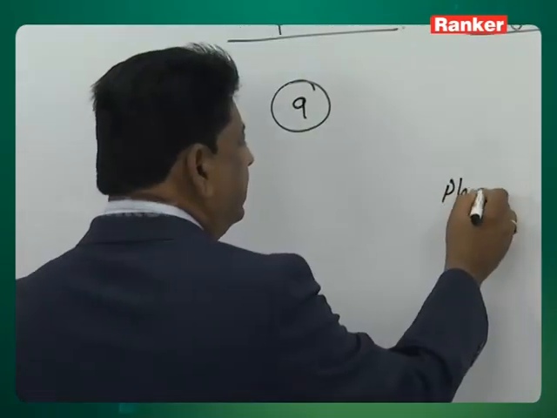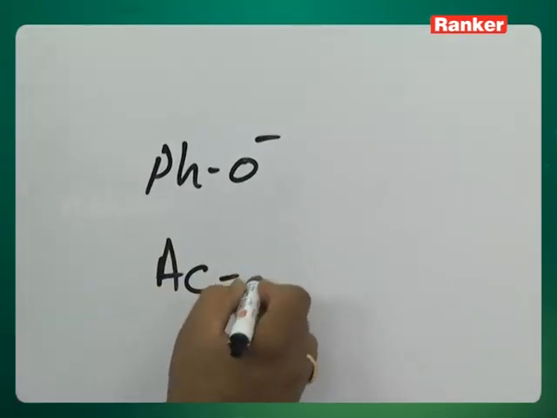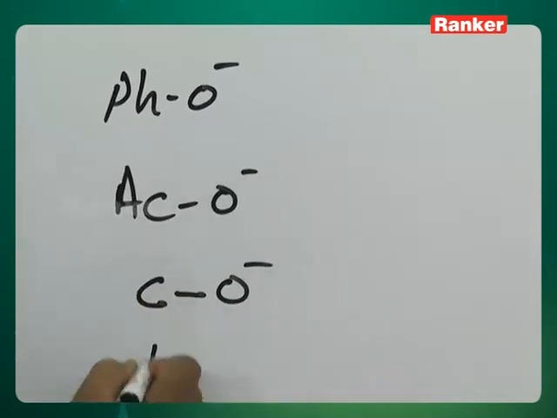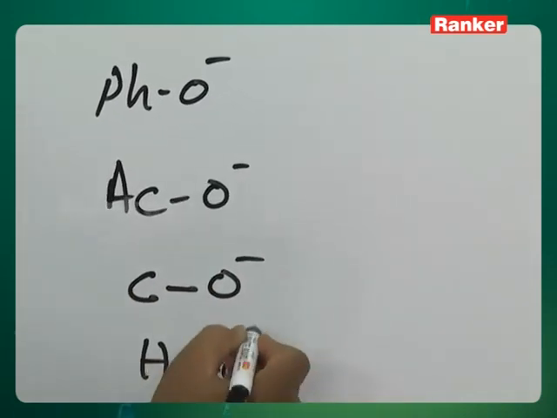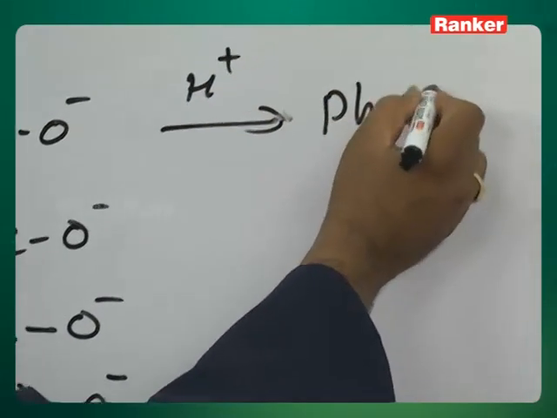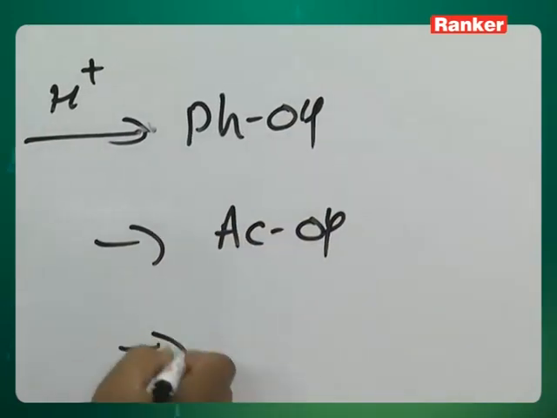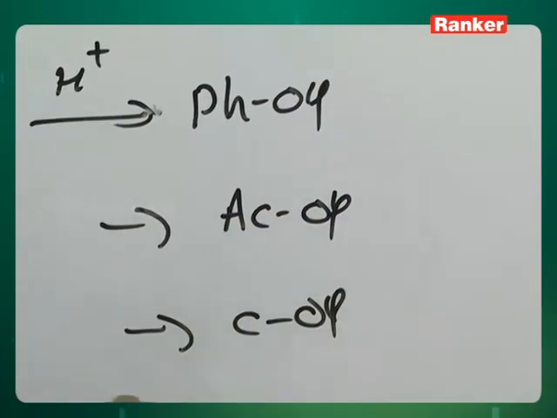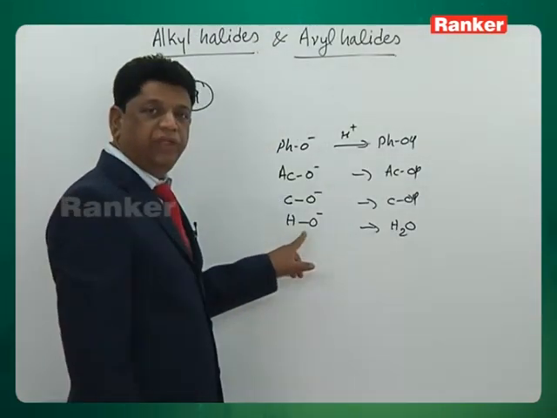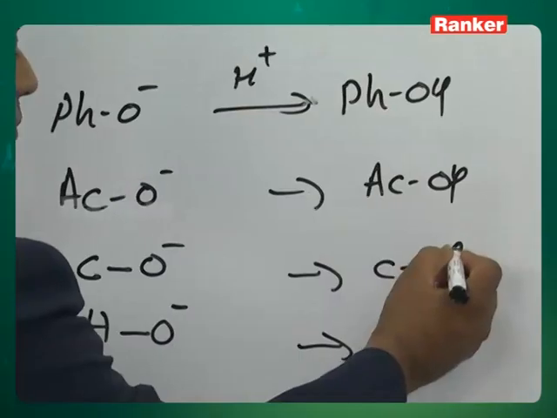Whether phenoxide is strong or not we cannot decide directly, but we can decide by adding a proton to the anions. This becomes phenol, this becomes acetic acid, this becomes methanol, this becomes water. Hydroxide is the conjugate base of water, and methoxide is the conjugate base of methanol.